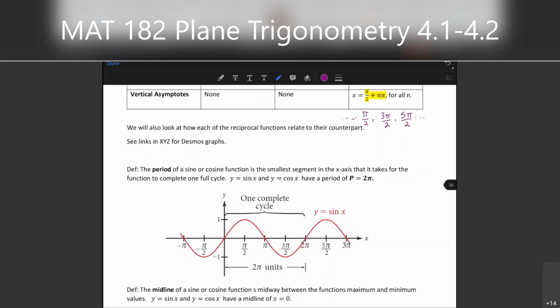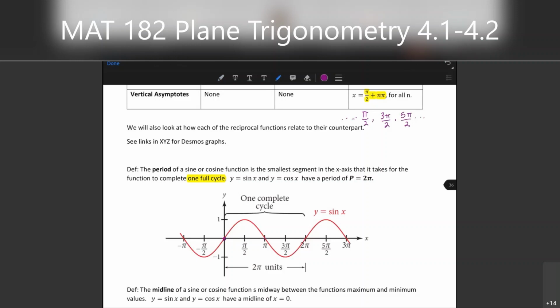So let's look at the definition here. The period of a sine or cosine function is the smallest segment on the x-axis that it takes for the function to complete one full cycle. Generally, one full cycle of a sine and cosine function is done over a 2 pi interval. So 0 to 2 pi, or 2 pi units, is the period for any sine or cosine function.